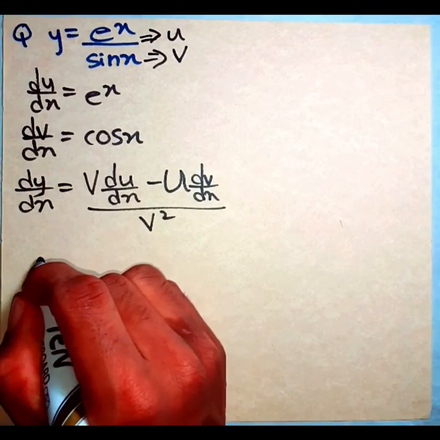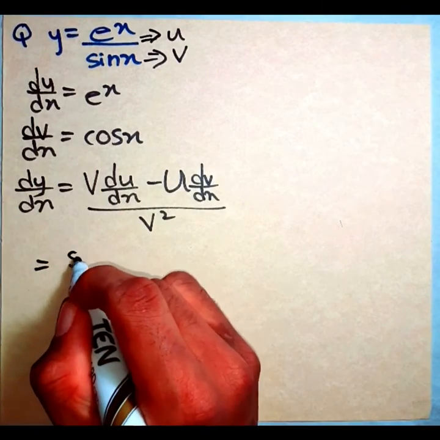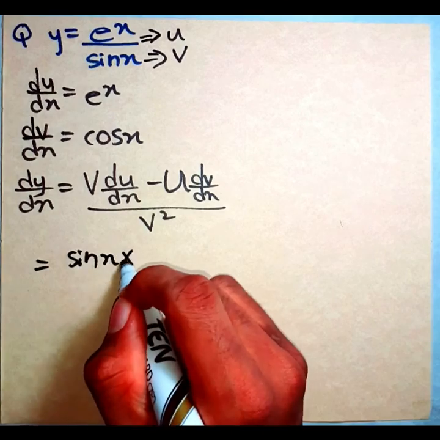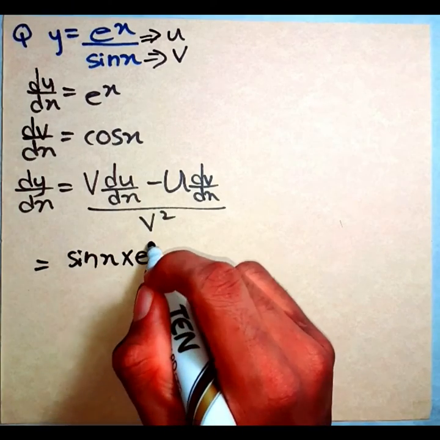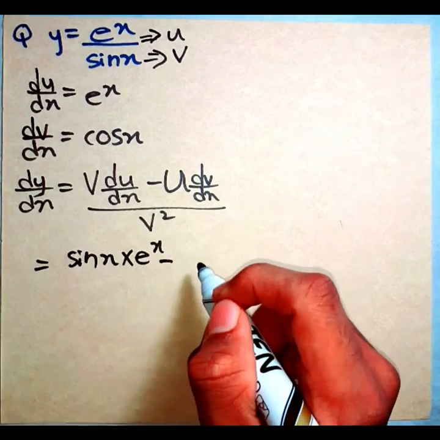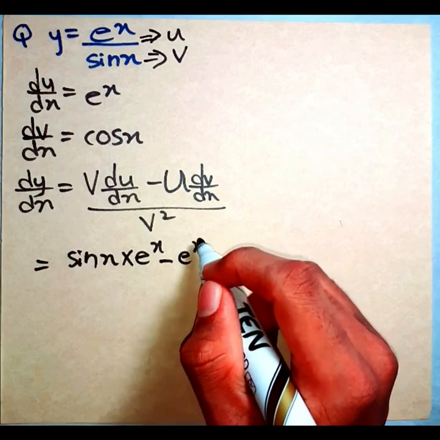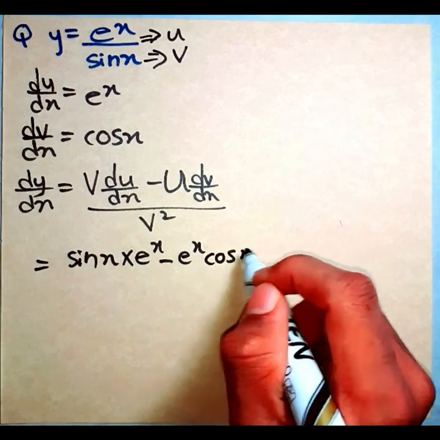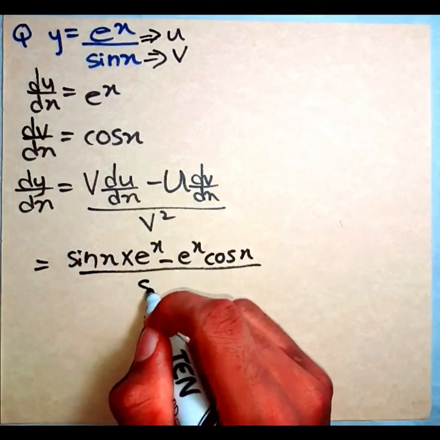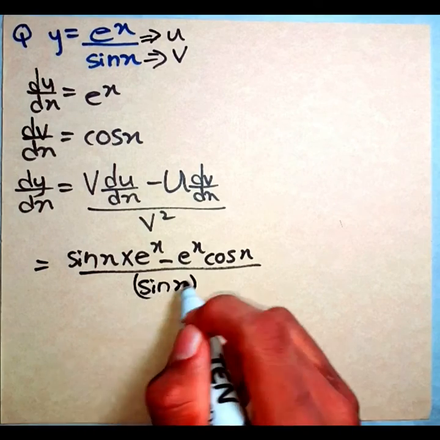Now we'll plug those in. v is sine of x and du by dx is e to the power x, minus u, which is e to the power x, and dv by dx is cos of x, divided by sine x everything squared.